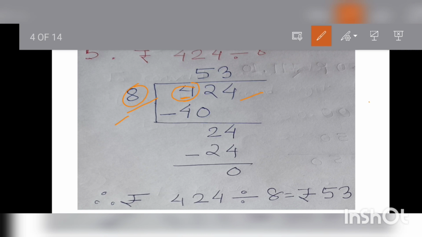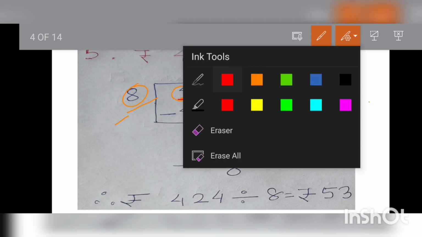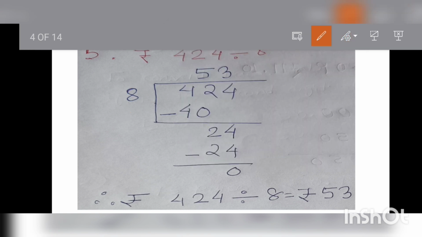Okay, that's why you consider 42. Now it is 42. So 8 5s are 40. Okay, so 2 minus 0 is 2 and 4 minus 4 is 0.